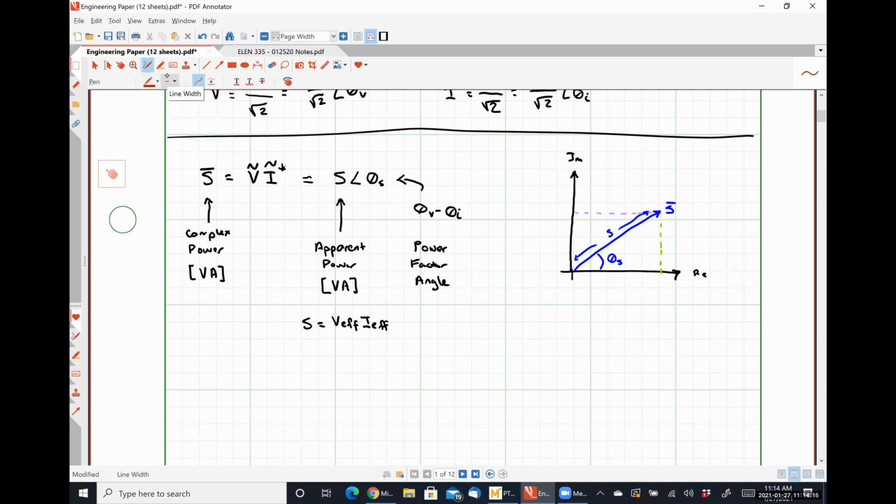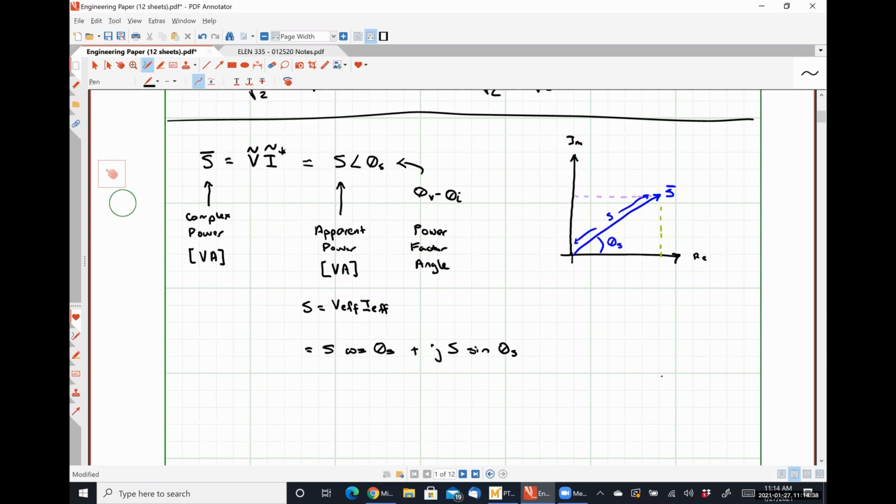So that would be simply S cosine theta S plus jS sine theta S. And if we substitute in our definition for our apparent power, this gives us V effective I effective cosine theta S plus j V effective I effective sine theta S.